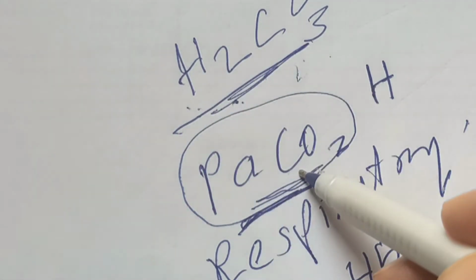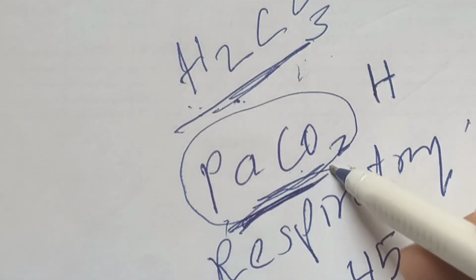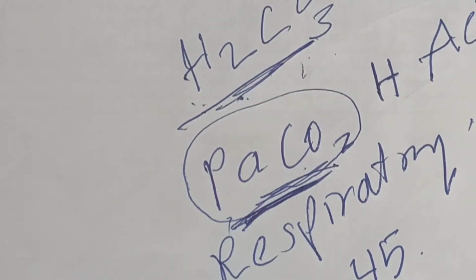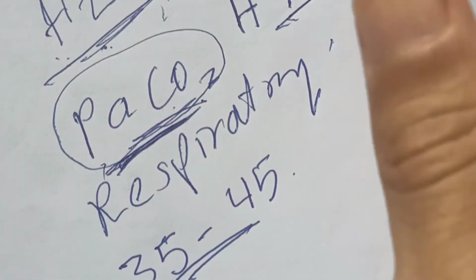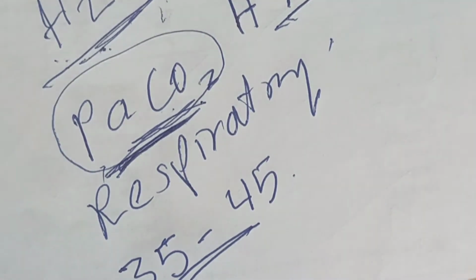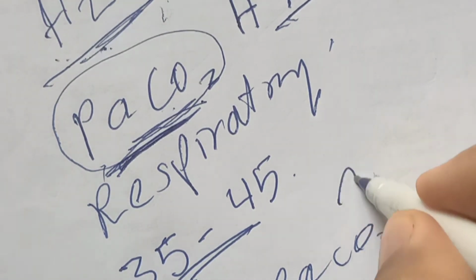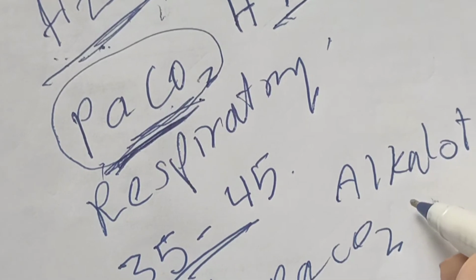That means if you have higher levels of PaCO2, your blood will be acidic. If you have low levels of PaCO2, your blood is going to the alkalotic side.